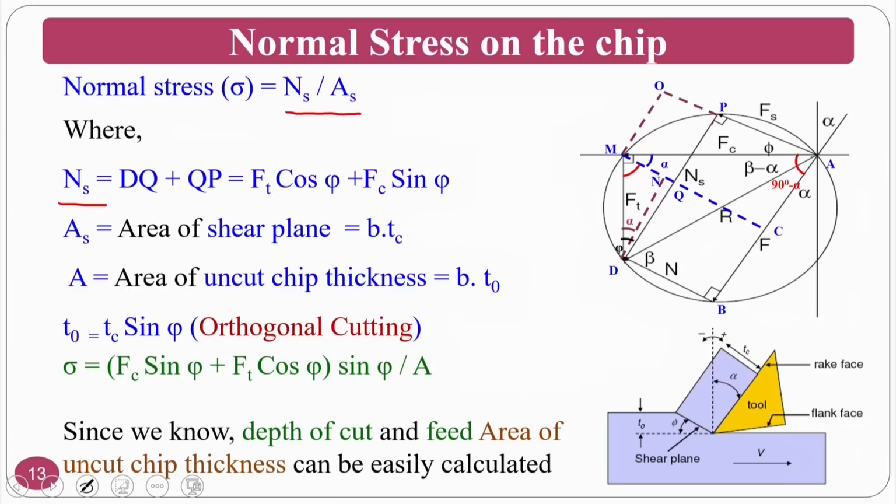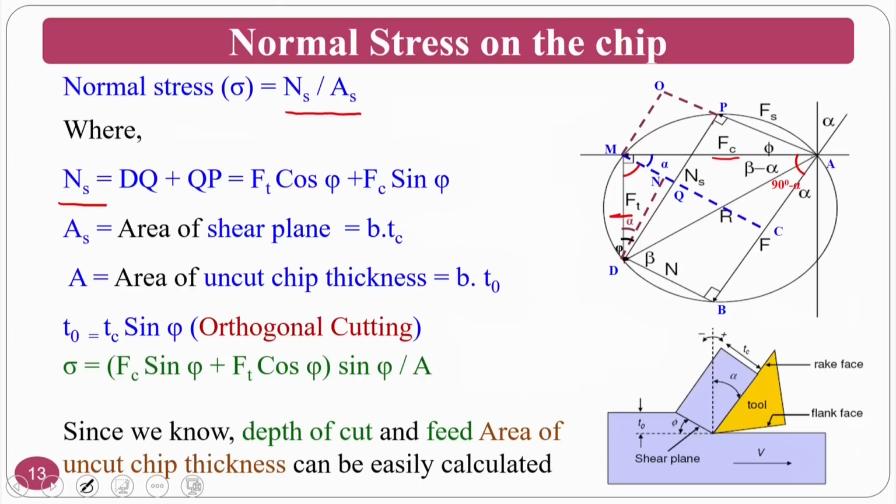So DQ, as I said earlier also, I have unknown things I have to correlate with the known things, that is Ft and Fc. So I have to form my triangles. If I can make the triangles, where an integral part of one should be known, that is Fc and Ft, then I can calculate.